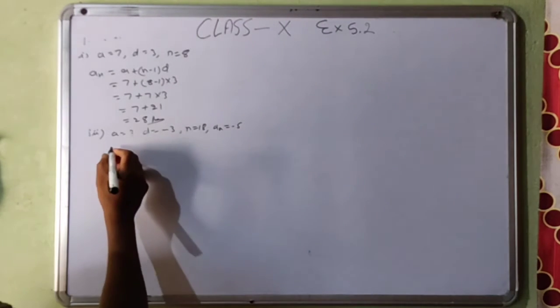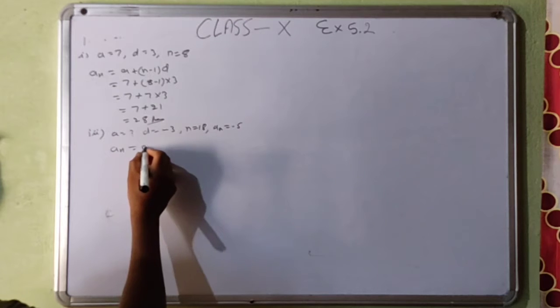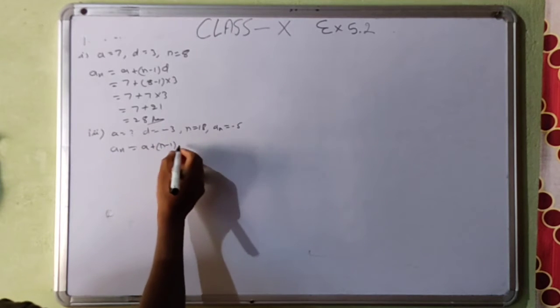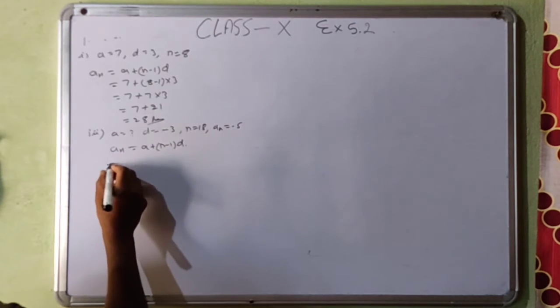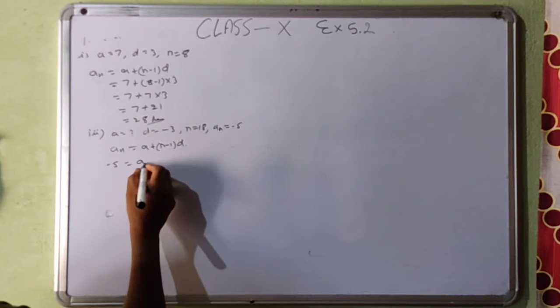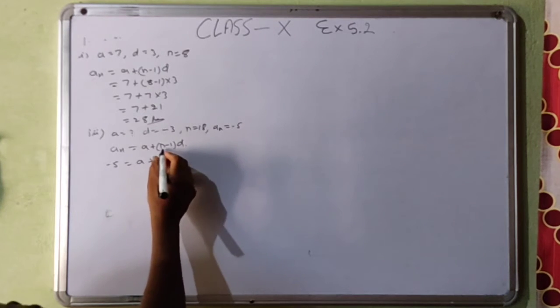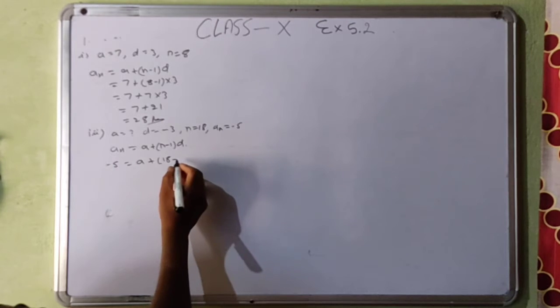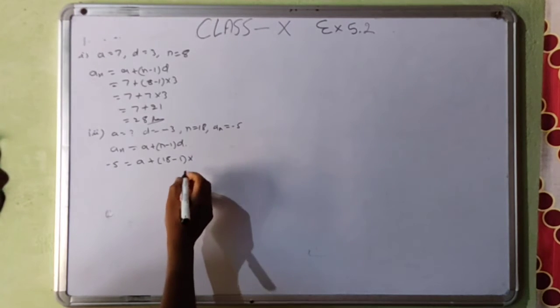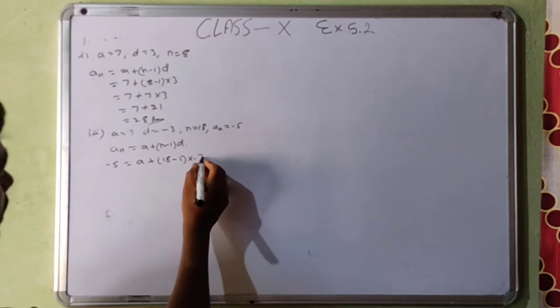So an, the same formula you will apply: a plus (n minus 1) d. An is minus 5, is equal to a, which we need to find, plus (18 minus 1) into minus 3.